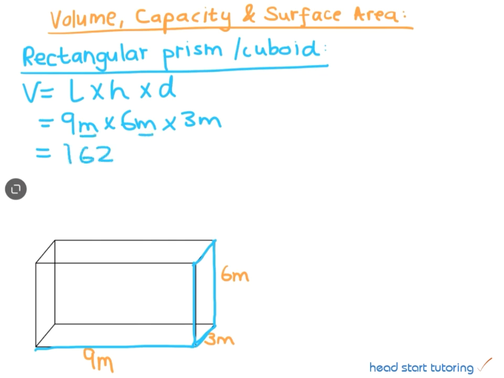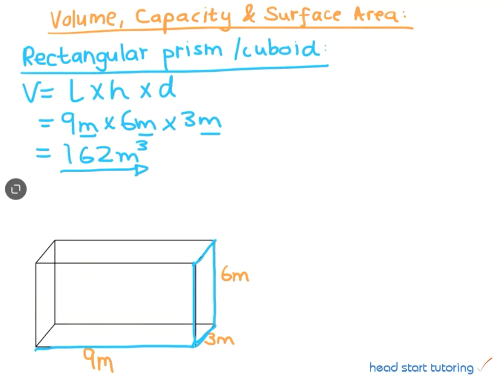And because we are working in meters, we say meters times meters times meters, which gives us an answer of meters cubed. So the volume of this rectangular prism, 9 meters by 3 meters by 6 meters, will give us an answer of 162 meters cubed.